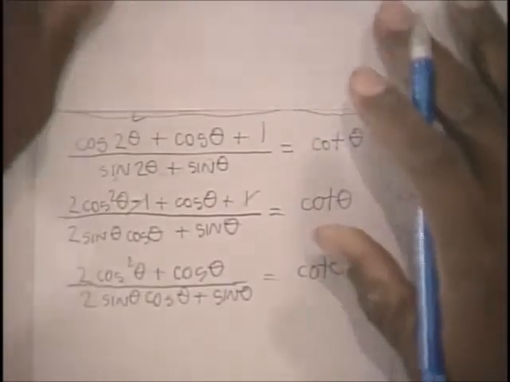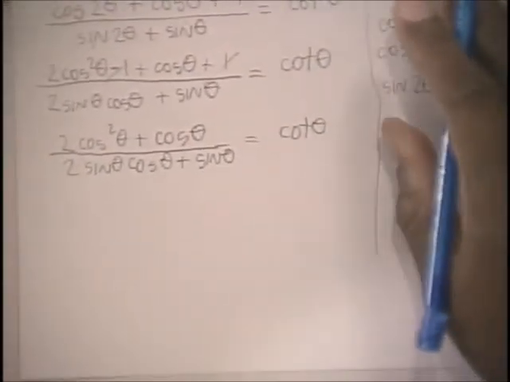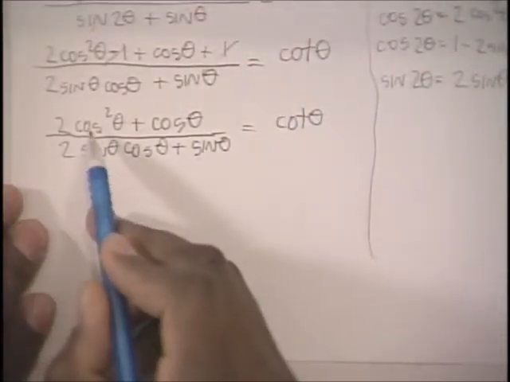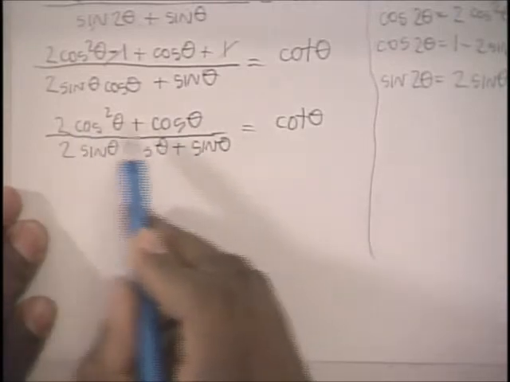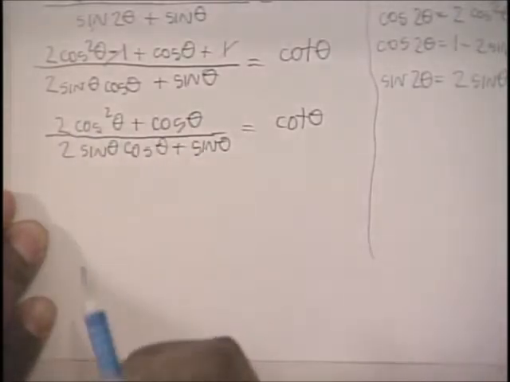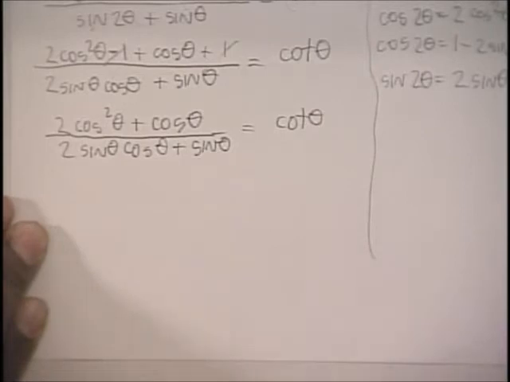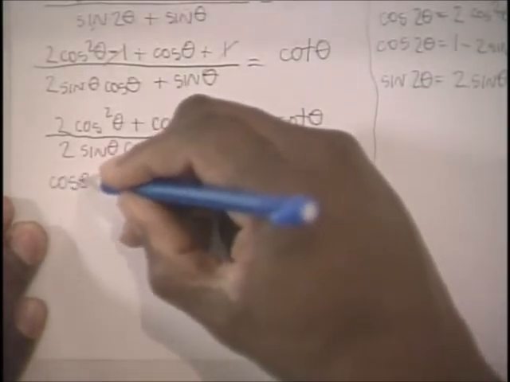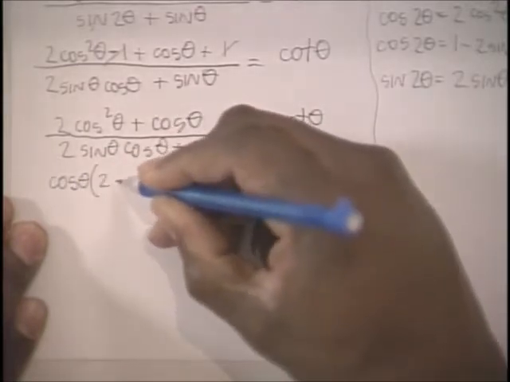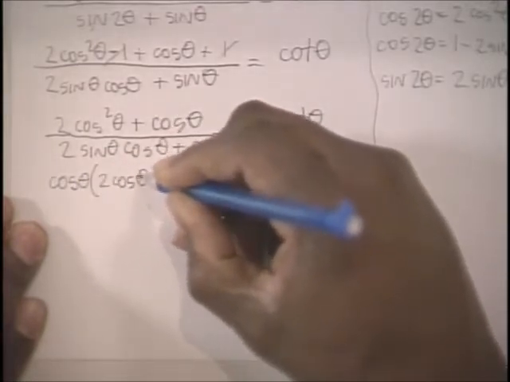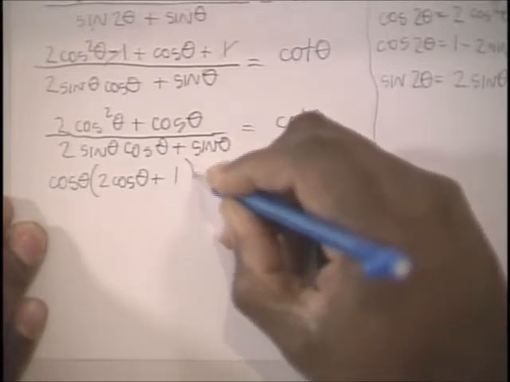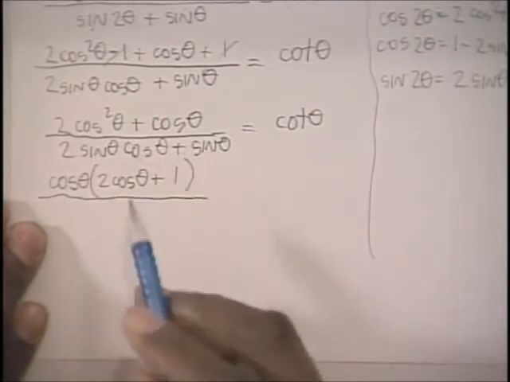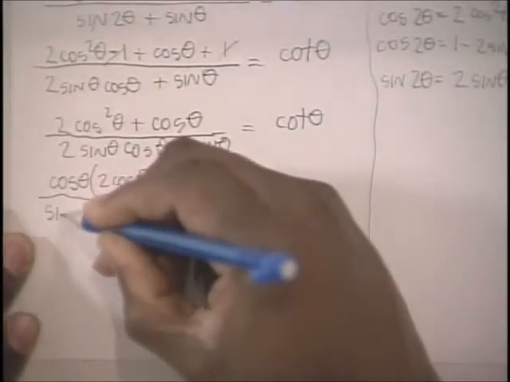All right, let's continue. Now what we have is, I'd like you to be able to see that you can factor out a cosine theta. So if you factor out a cosine theta, you end up with 2 cosine theta plus 1. And then in the denominator, let's pull out a sine theta.